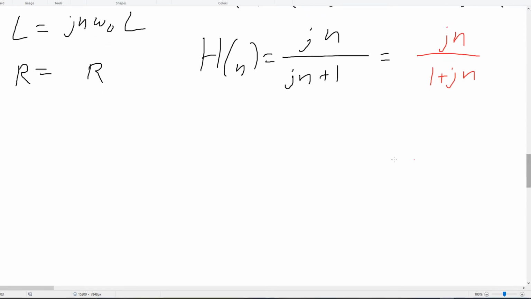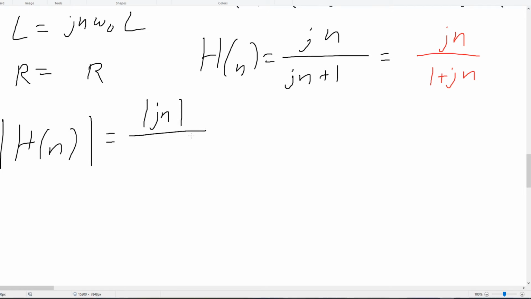Okay, so the absolute value of Hn. As I said before for Xn, this would be the absolute value of the top divided by the absolute value of the bottom.